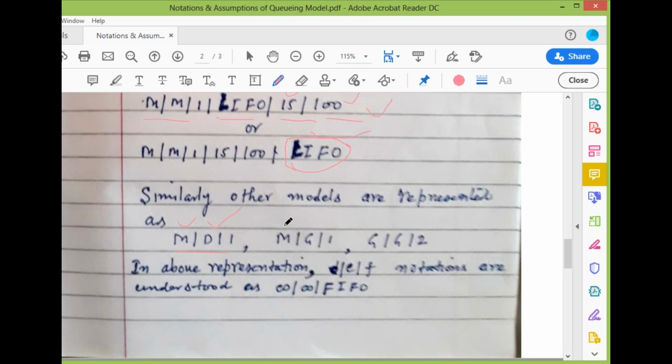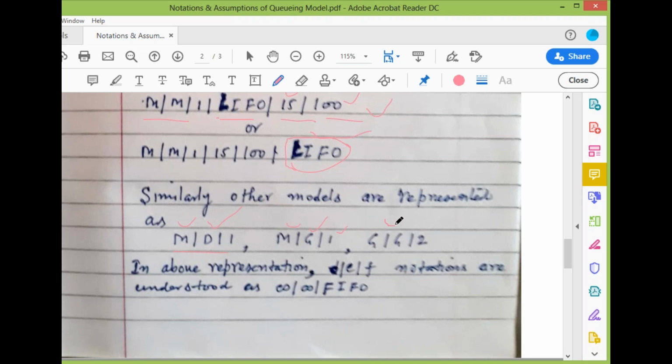And this is the MG1. Arrival is Markovian. Service is general service distribution. General service distribution means it may be any kind of distribution. This may be normal, this may be Poisson, this may be any kind of distribution we can talk about. So this is the general way of writing and representing the queuing model.